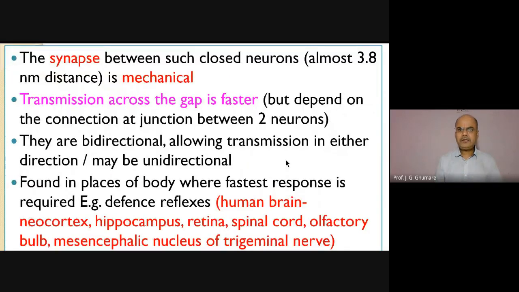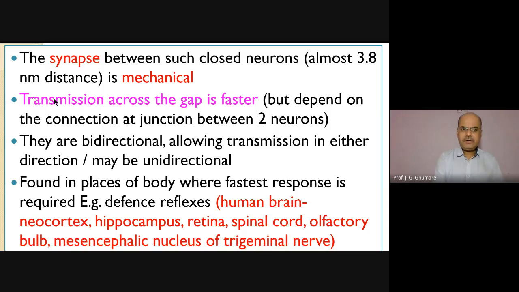What could be the character of this synapse? These are with closely placed neurons, and the gap is almost 3.8 nanometer only. That way, this kind of synapse is said to be mechanical. They work like a machine, remember. Here, no neurotransmitter is involved.